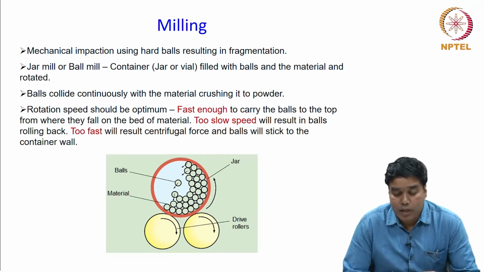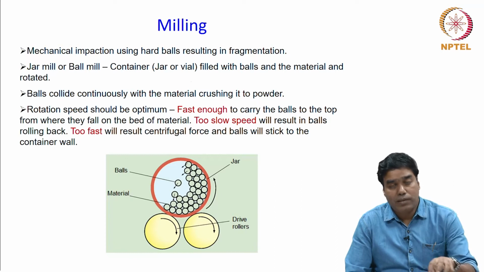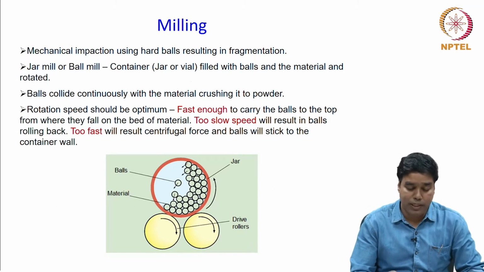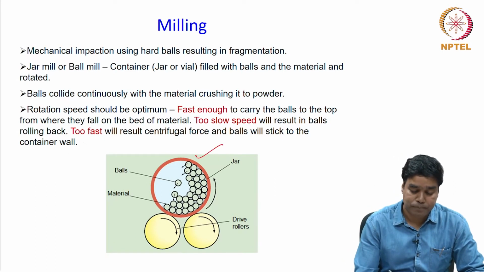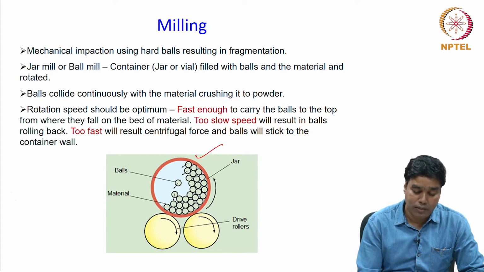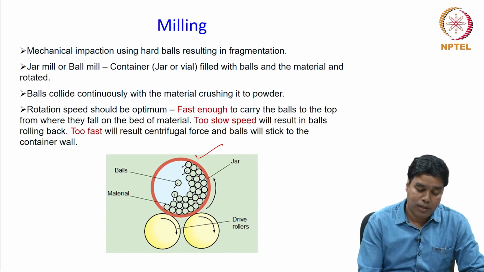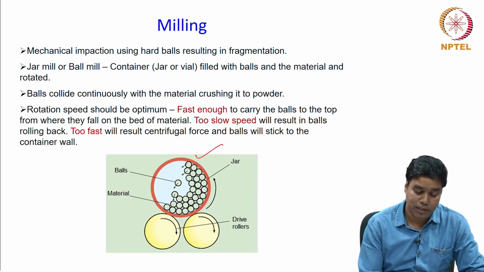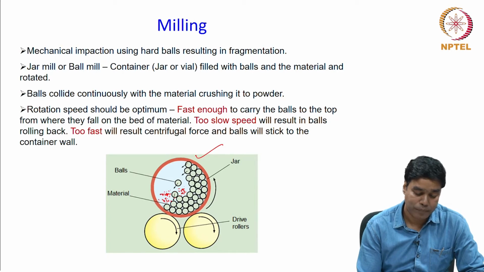Okay. So, for example, in case of ball mill, as you could see in this image over here, this is the schematic of the container, in which you have these balls, and here you also will have the material along with that, right. Let us say this is the material that you have, which you want to fragment down into powder. Okay.